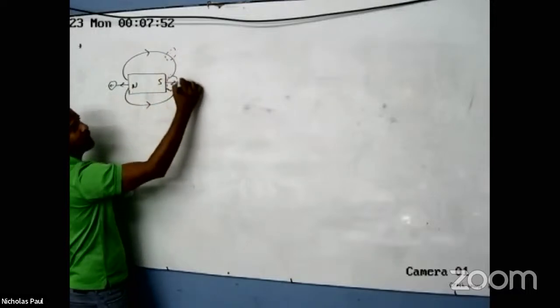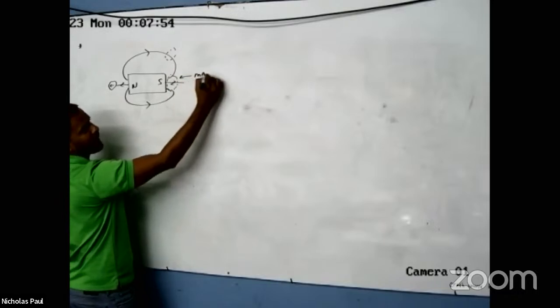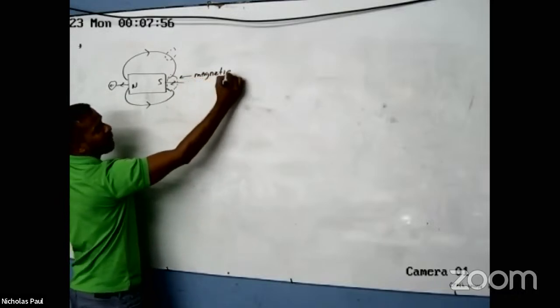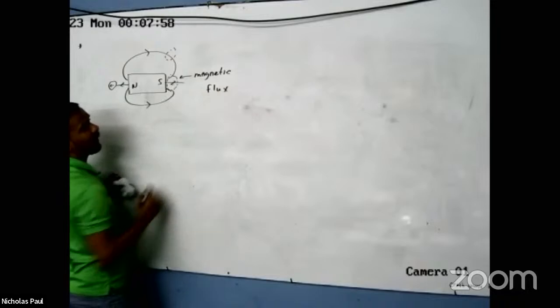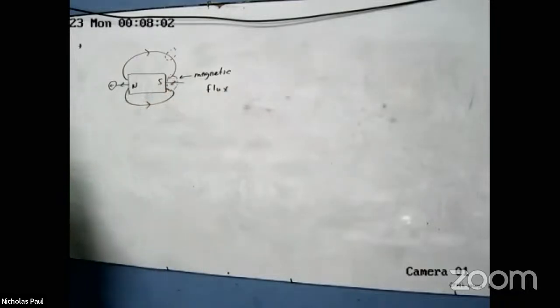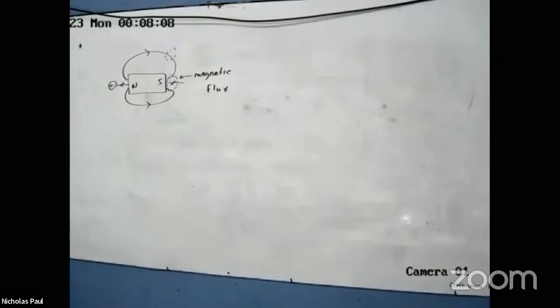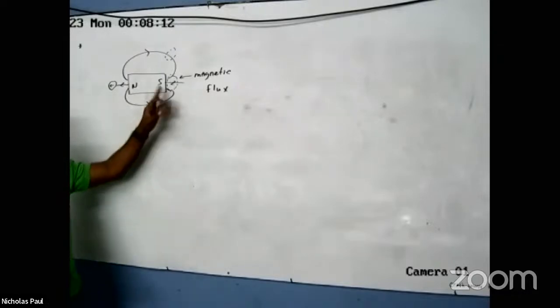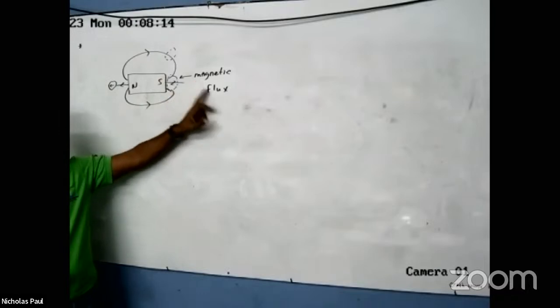And the word that they use sometimes is magnetic flux. Magnetic flux is the number of field lines per unit area. So magnetic field lines always leave the north, go towards the south, and the number of field lines per unit area is called magnetic flux.